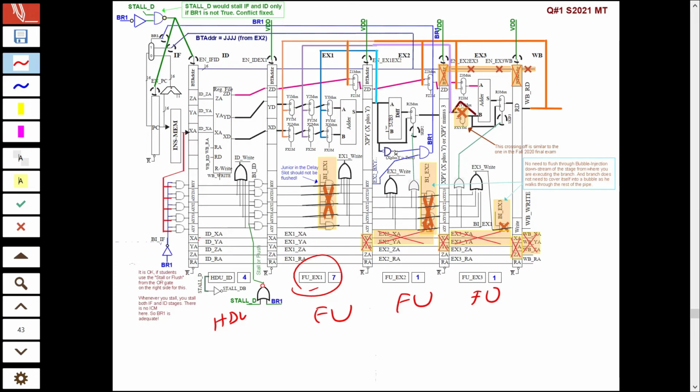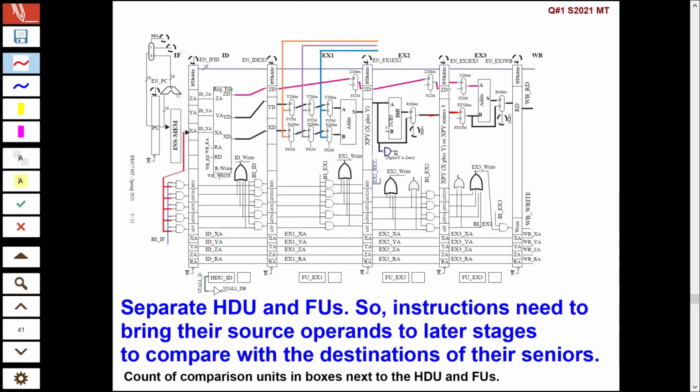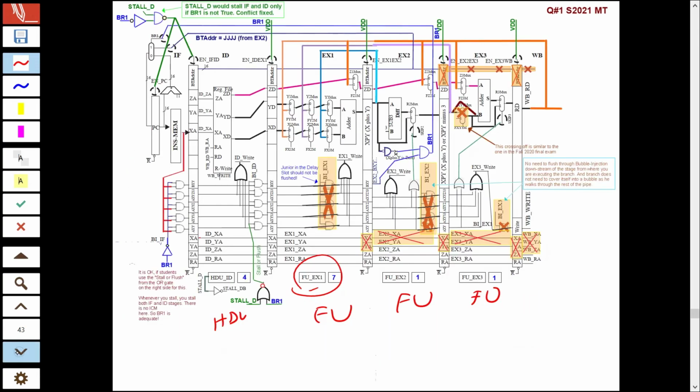If you look at the exam question, IDXA, EX1XA, EX2XA, EX3XA, WBXA, I simply brought all signals all the way and asked students to cross off what is not necessary. So this comes out to be something like this.